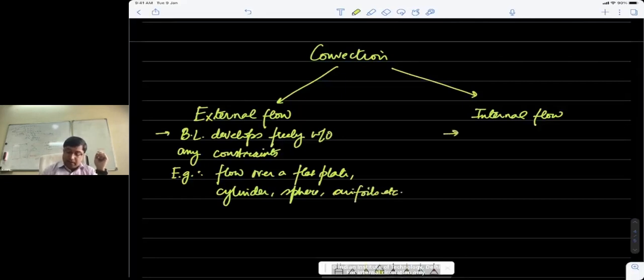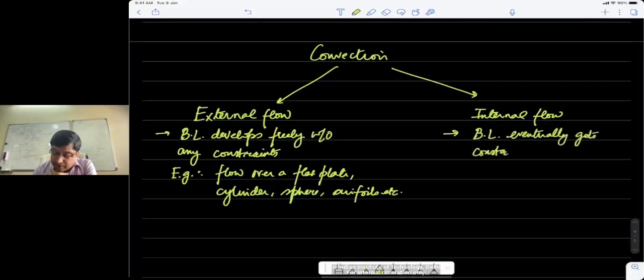Internal flows are different. In internal flow, the boundary layer cannot develop in a free manner. It eventually gets constrained, and I will show you what I mean by that in the next lecture. So it gets constrained such that it cannot grow beyond a certain point.